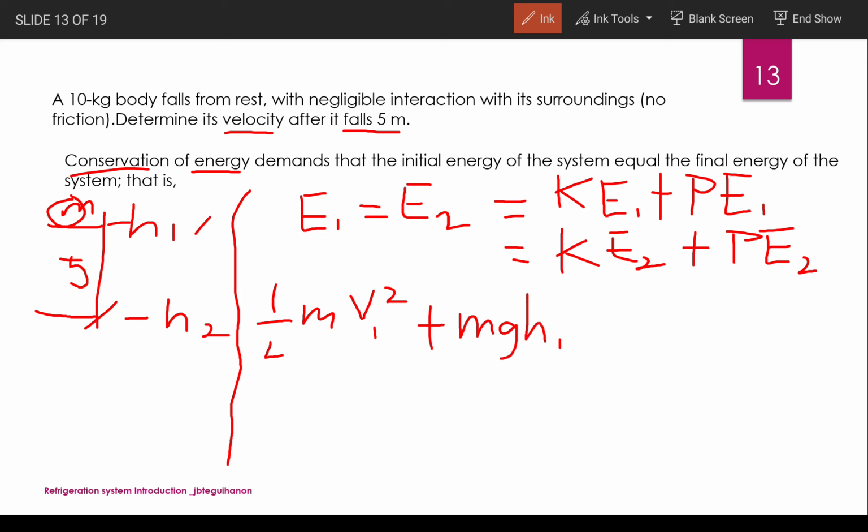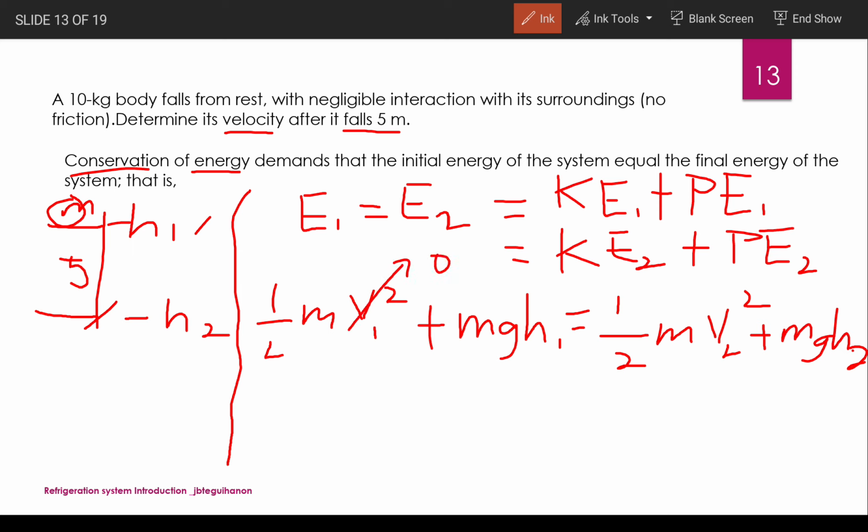This is your h1, initial condition, and this is going to be equal to 1/2 of the mass. That is actually the same mass, but their velocity is not. Mass g and then h2. So this is h2. We don't have space. And then we're going to analyze this. Of course, the initial velocity is 0.